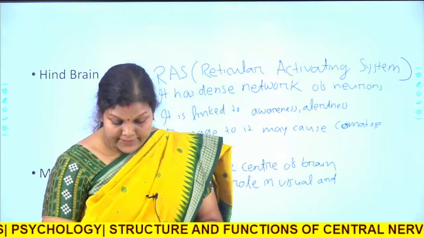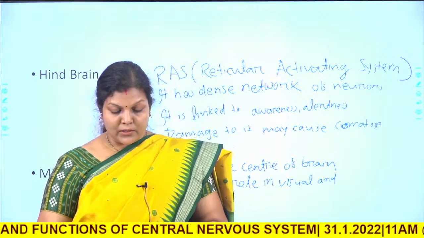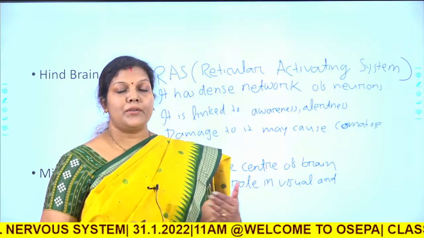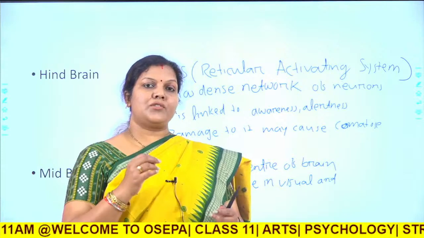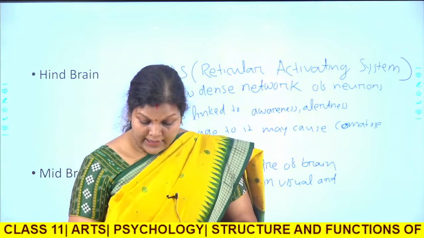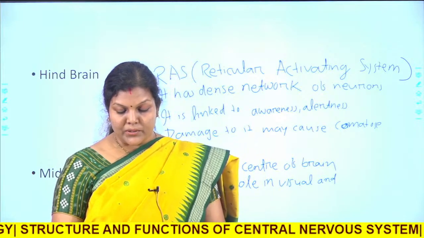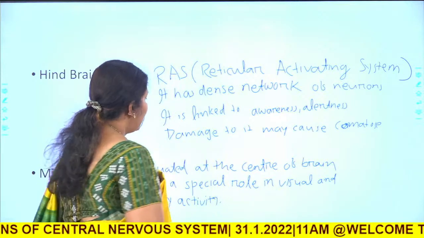Got it? Another important function is selective attention. Because of this we are able to attend to a particular event or situation that we want to attend to. Its functions also include regulation of muscle tone and cardiac reflexes.